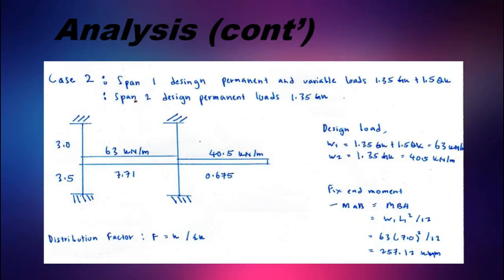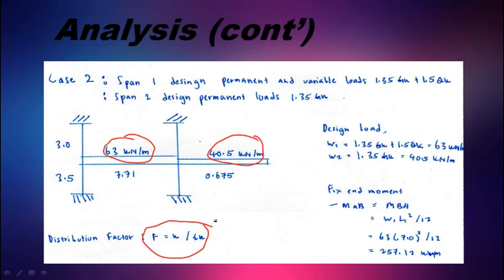Next, we will proceed to calculating the second case, which is maximum minimum. The beam BC will be a minimum load, which is 40.5. For beam AB, it will be the same, which is 63 kilonewtons per meter. After this, we can proceed to calculate the fixed end moment, the moment of inertia, the stiffness, as well as the distribution factor.